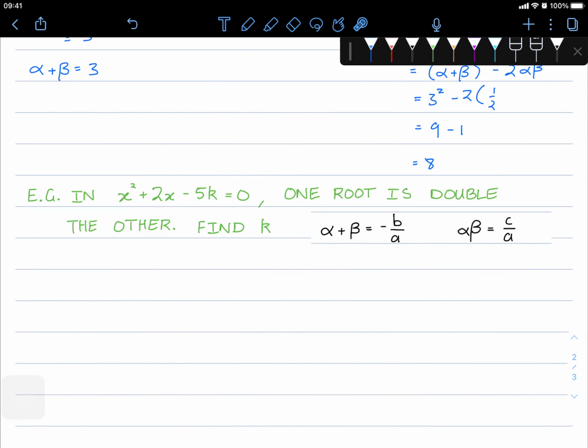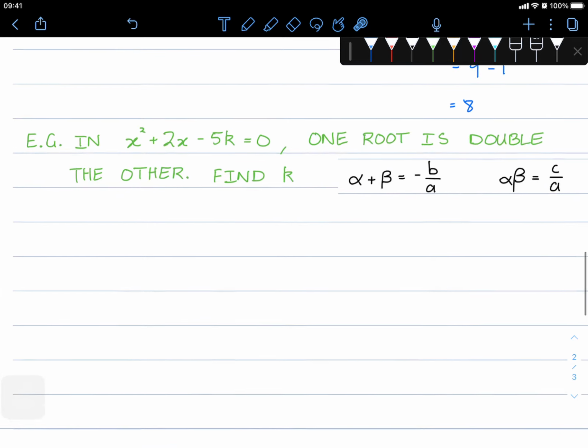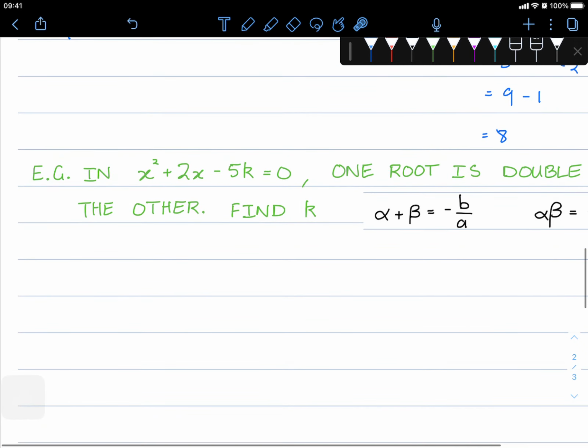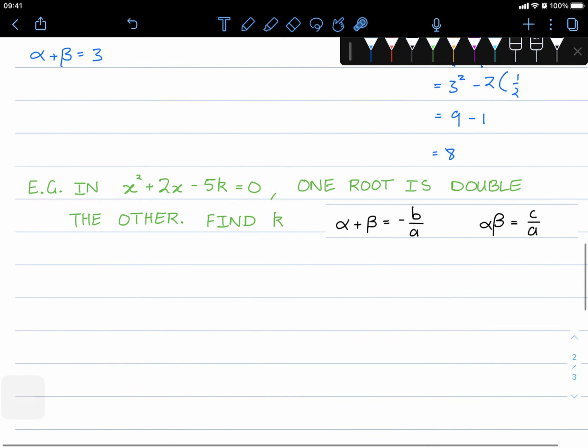In this question, it's saying that one root is double the other. Okay, so first, in order for us to do this, what we will need is to make that expression, one root is double the other. So let's say we have two roots, alpha and beta.